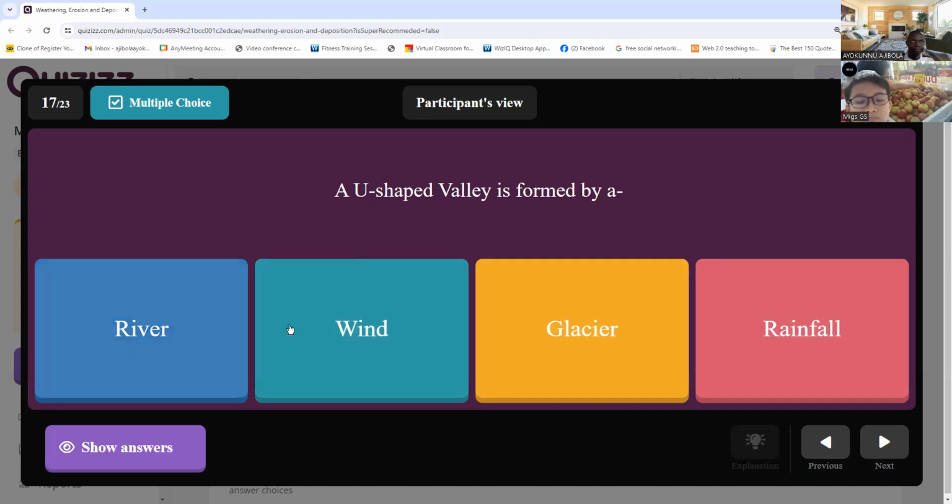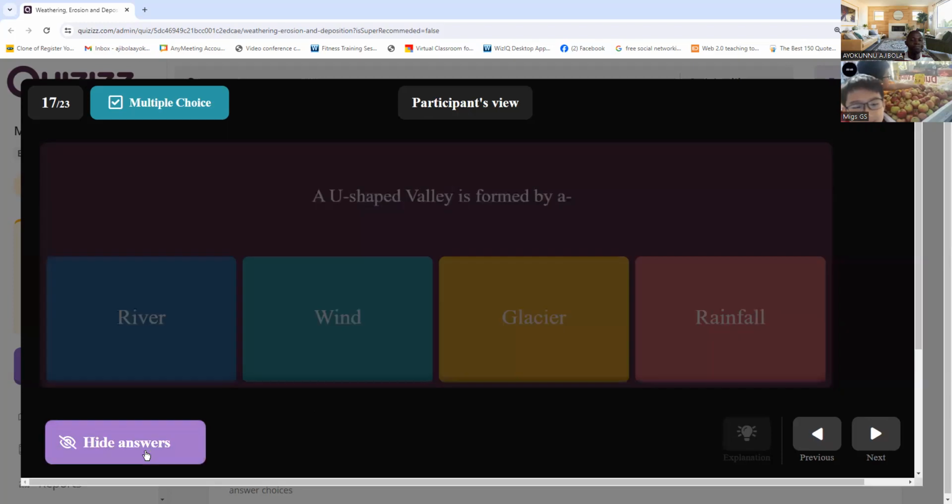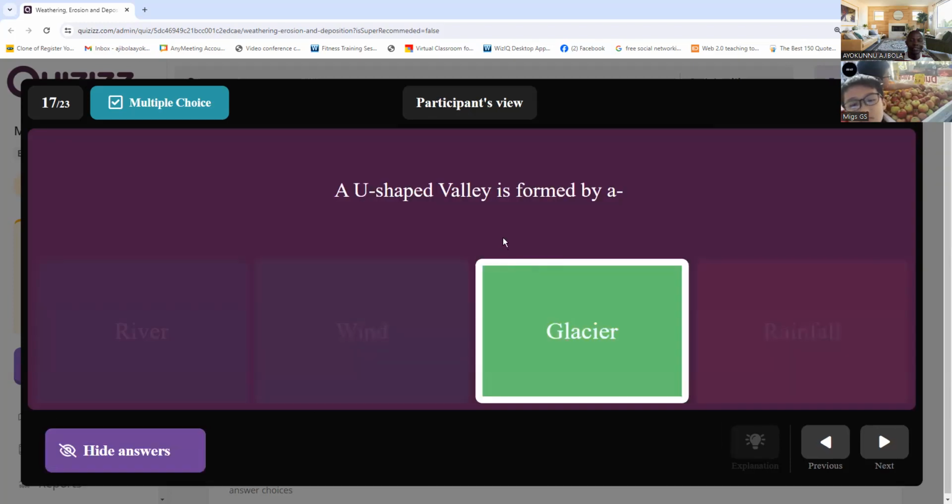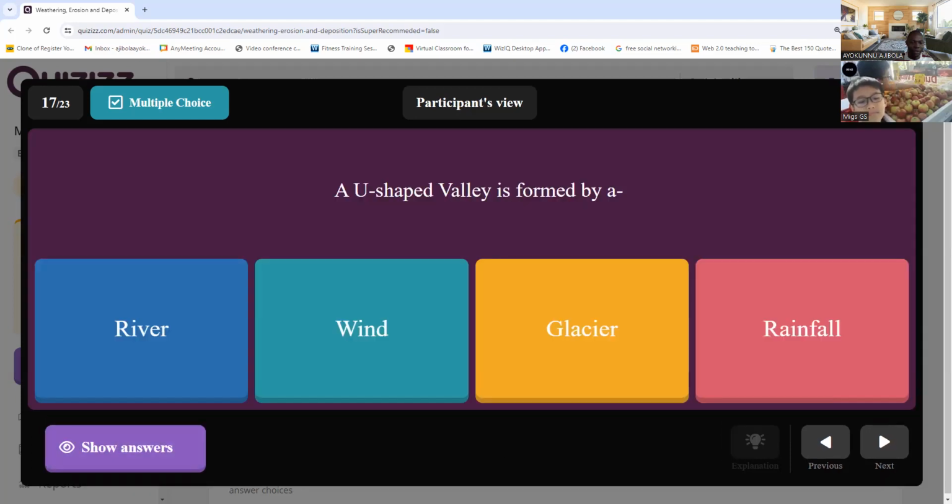Rainfall. Rainfall? It's actually glacier. We talked about glacier the other time. If we look at it again, a glacier is a persistent body of dense ice that is constantly moving under its own weight.